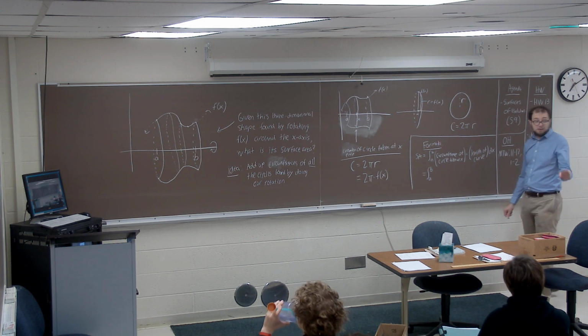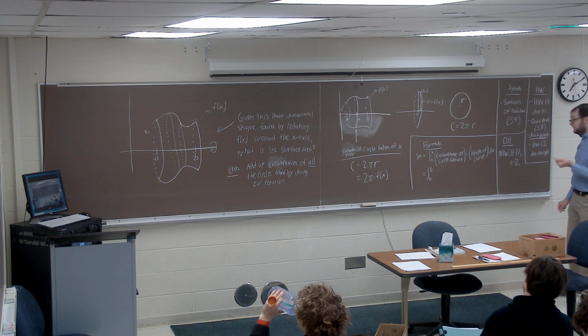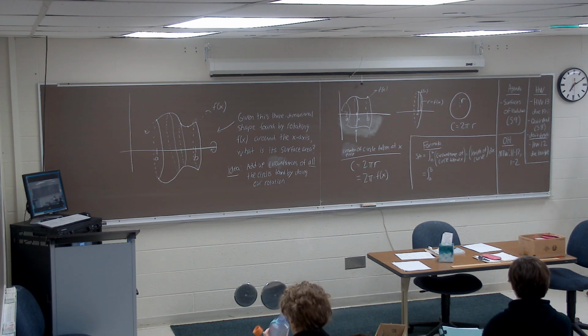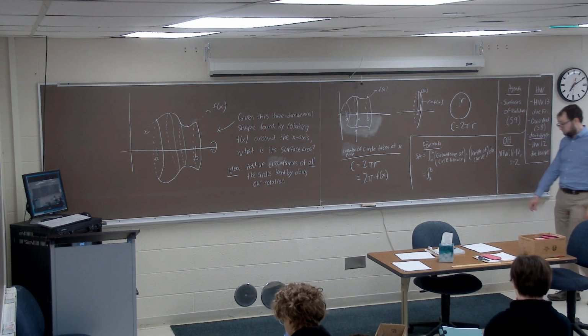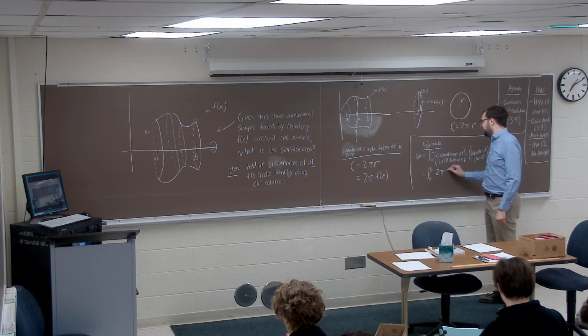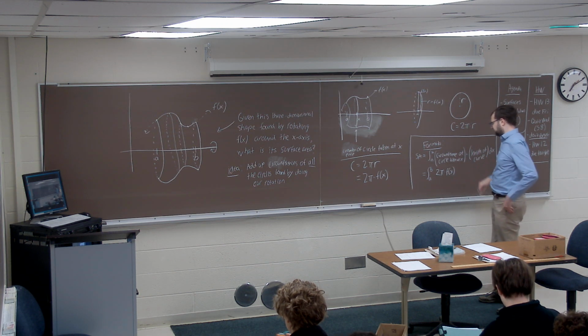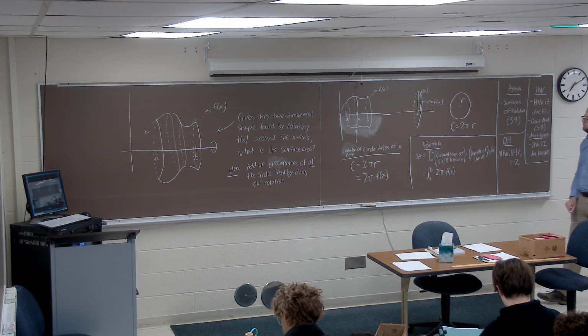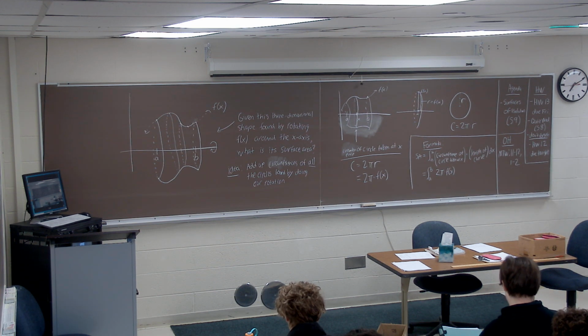Okay, well, as Gabe pointed out earlier, we know what the circumference of a single circle is going to be. Taken at x, that's just going to be 2 pi times f of x. How do we find the length of the curve, f of x, from a to b?